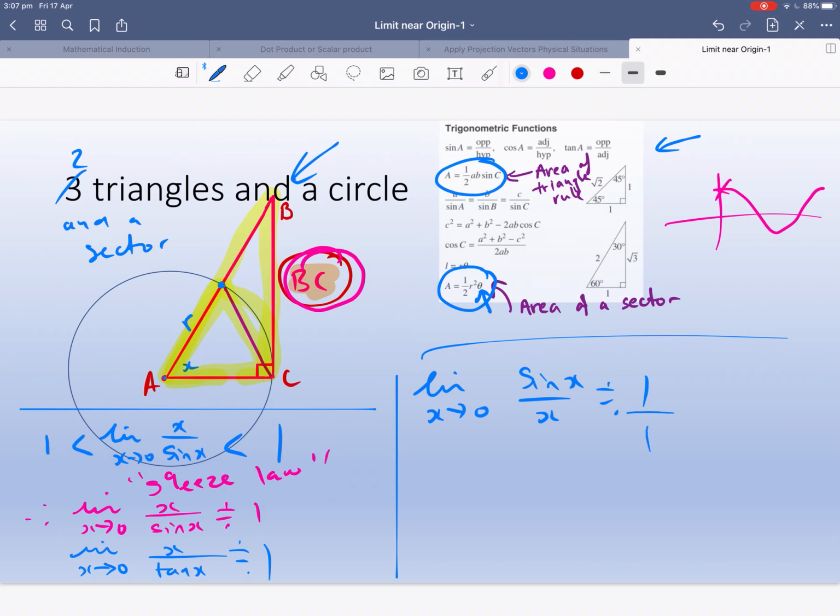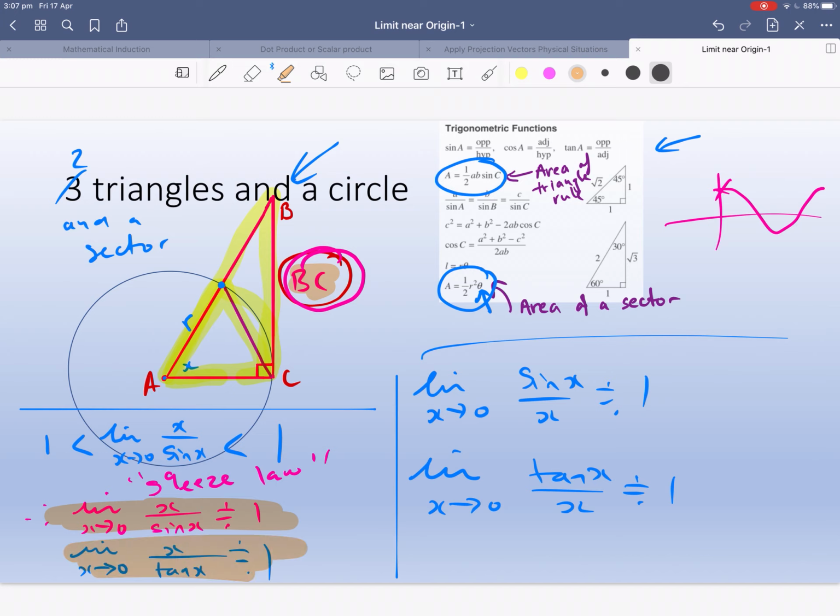So we can flip them over. And also true is that as the angle gets really small, tan x over x is approximately equal to 1. So essentially we're writing the same thing as we've written here. Alright, so that's the explanation of how this works.